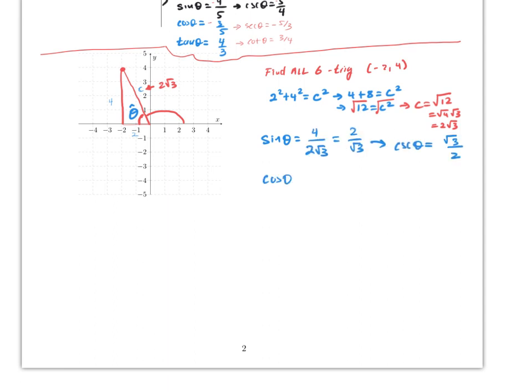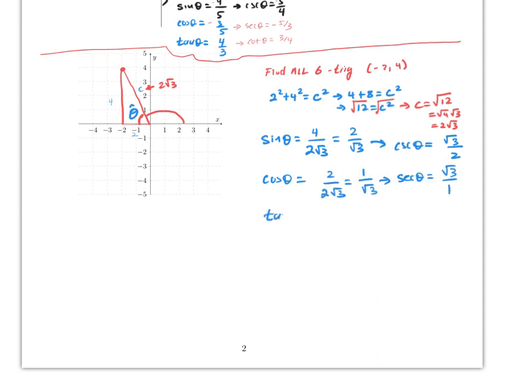Then cosine of theta, or cosine is the adjacent, which is 2 over the hypotenuse. So this should be now 2 over 2 radical 3, which simplifies to 1 over radical 3, and this means that secant therefore is radical 3 over 1.